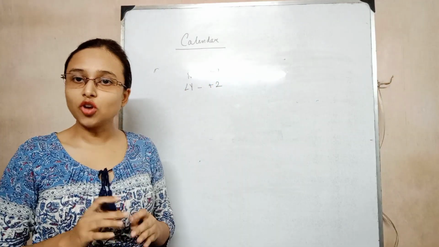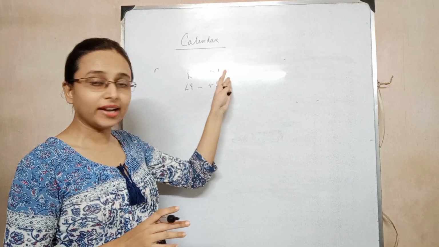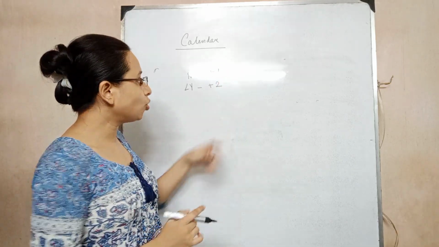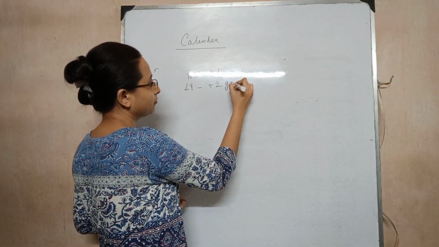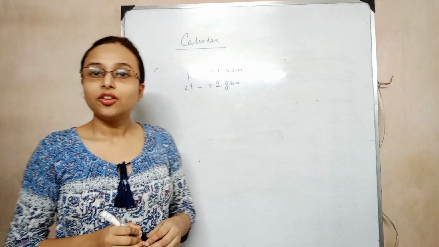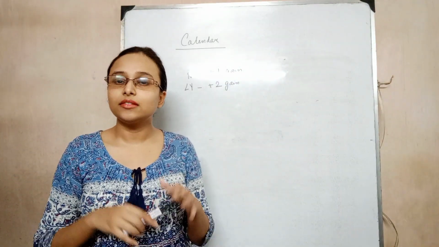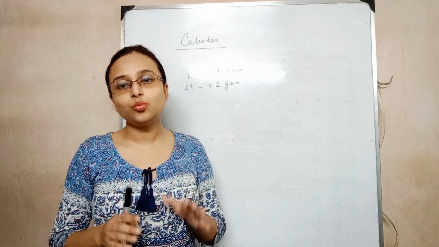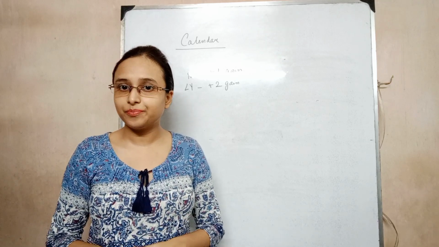Right? This is the normal concept. That is, 1 day gain in a normal year and 2 days gain in a leap year. Right? So, after knowing this, the answer to this calculation will really be very, very easy.